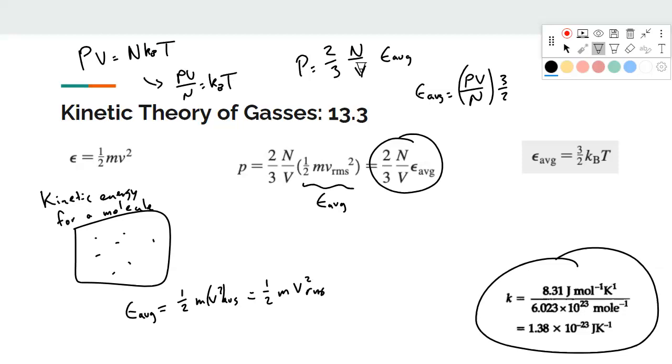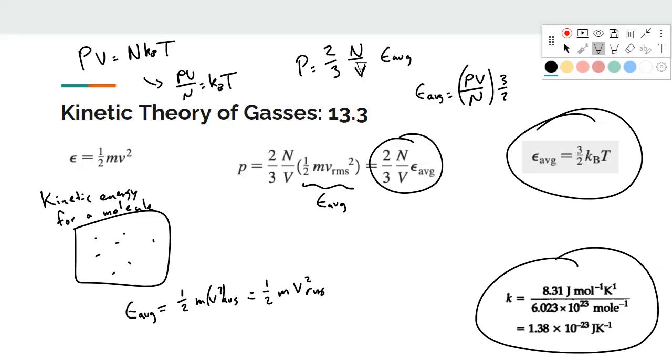And so at the end of the day, we get our final result, the one in gray, which is that the average energy of a gas molecule is only a function of its temperature. It's 3/2 k_B times its temperature. So, you know, I can give you a box of helium, a box of argon, a box of dinitrogen, some sulfur hexafluoride, which is like the densest commonly produced gas.